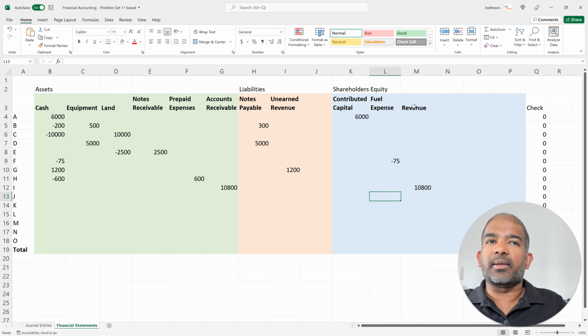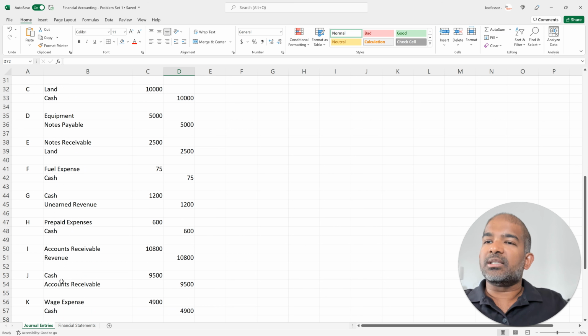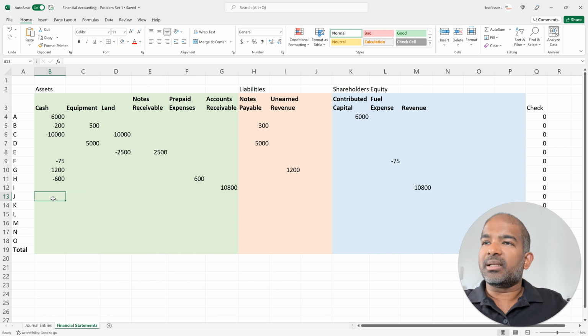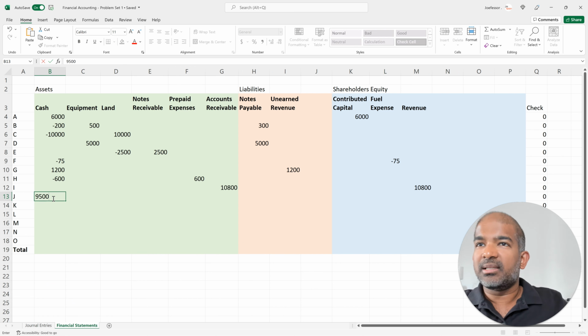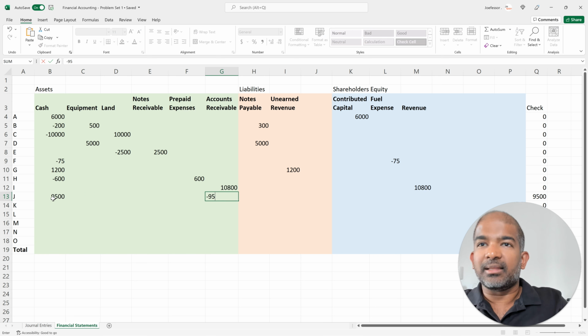The next transaction, transaction J, is you collect cash of 9,500 and your accounts receivable goes down by the same amount. So you get cash of 9,500 and your accounts receivable goes down by 9,500.